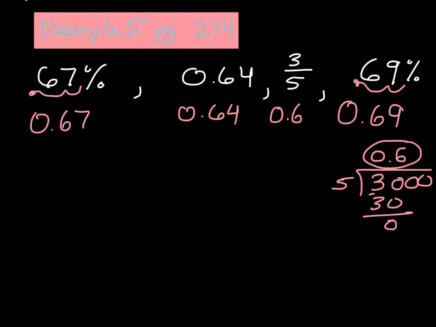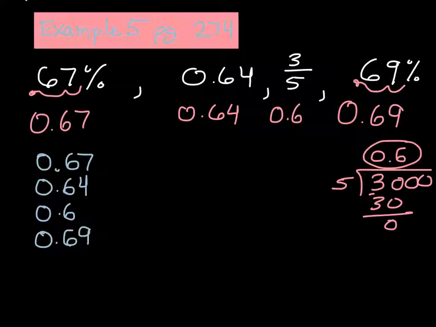Alright, now to compare them and to order them, because our job is to write them from least to greatest, I like to match up my decimal points. So I'm going to write them all one more time underneath each other and match up my decimal point. 0.67, 0.64, 0.6, and 0.69.